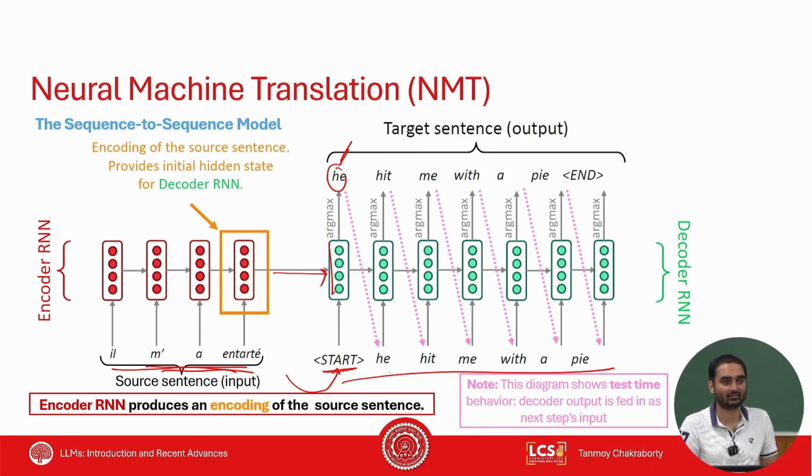Last day I mentioned something called teacher forcing. What is teacher forcing? Let's say here the model generates "C". Ideally I should feed "C" and then see what the next word is going to be. This is the normal process, but in teacher forcing I will feed the actual word.